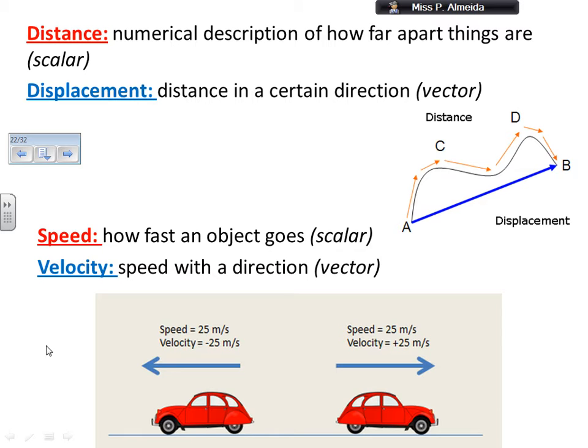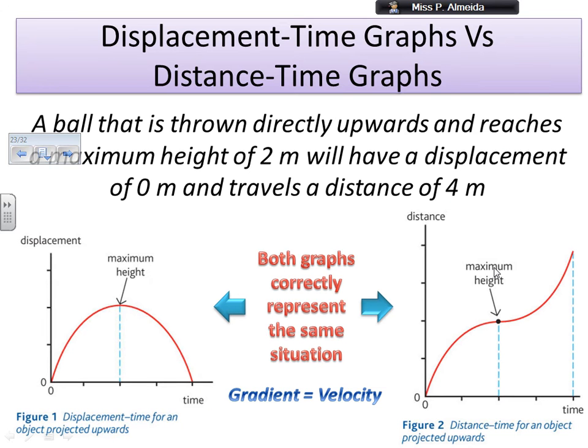So we have this guy here at minus 25 meters per second, and this guy here at plus 25 meters per second, okay? Now, this is very important because you're going to have different motion graphs according to whether you're talking about speed, velocity, distance, or displacement, okay?